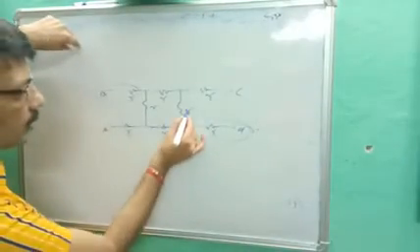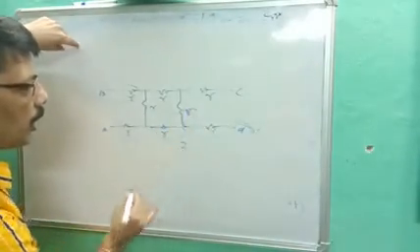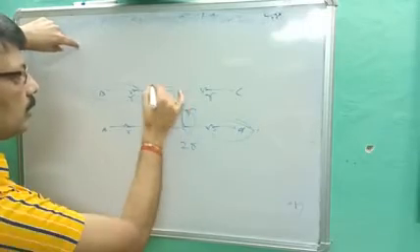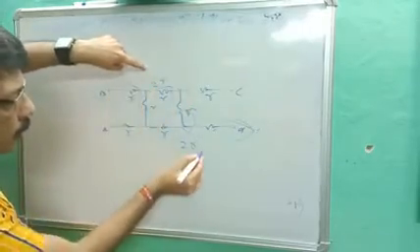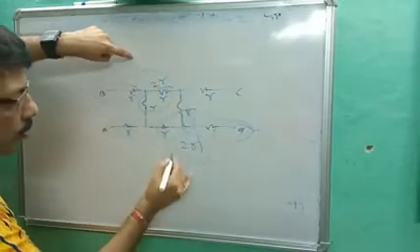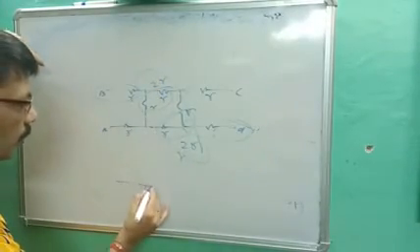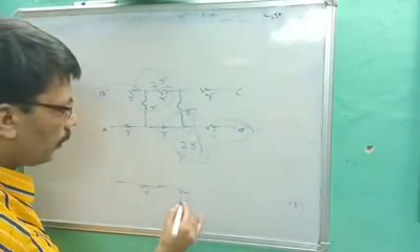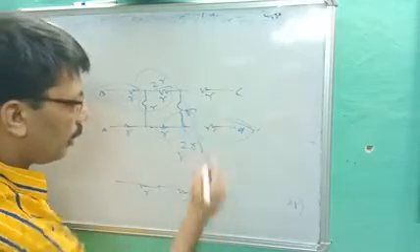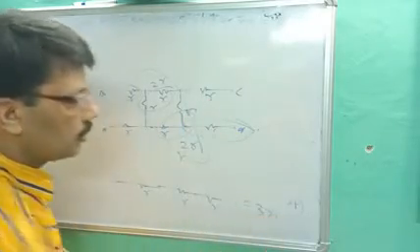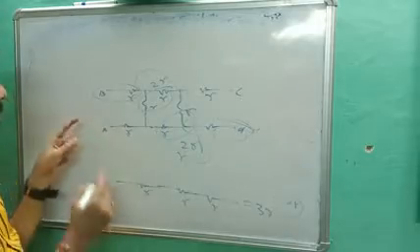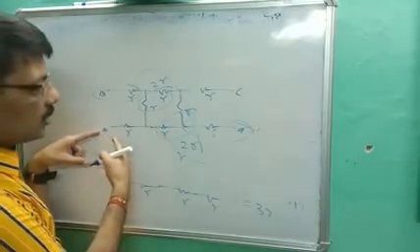So no doubt they are in series. It becomes 2R. They are in series, it becomes 2R, and 2R in parallel, 1 by 2R becomes R. So you will get R, and R, and the answer becomes 3R.